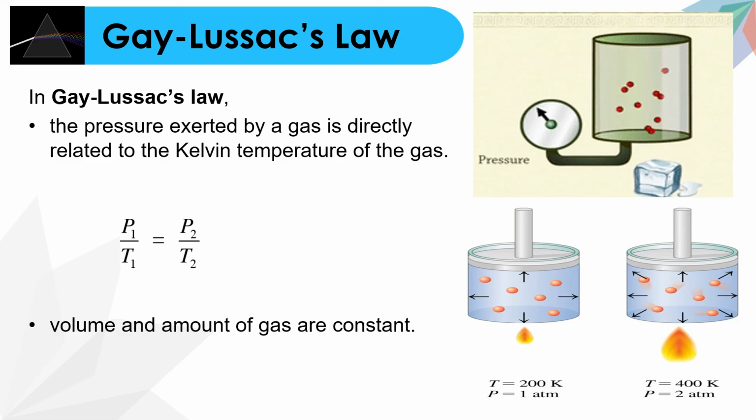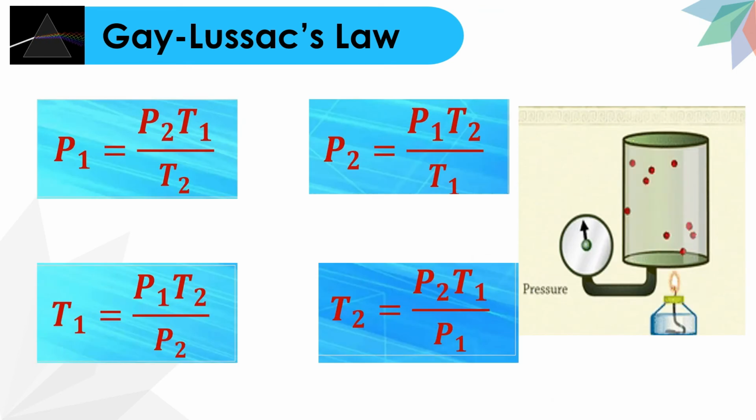So, let us take a look at this figure. Makikita natin na kung yung temperature nag-increase from 200 Kelvin, of course, mag-i-increase din yung kanyang pressure. From 200 to 400, wherein na-doble yung kanyang temperature, na-double din yung kanyang pressure. So, here are the formulas that we would be using, or this can be derived from the general formula.